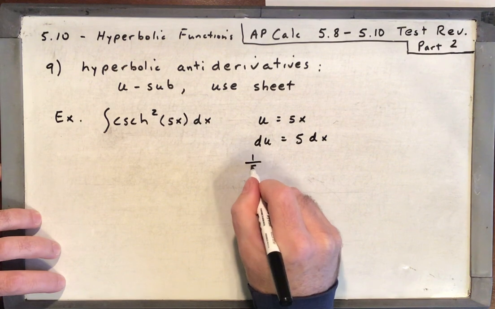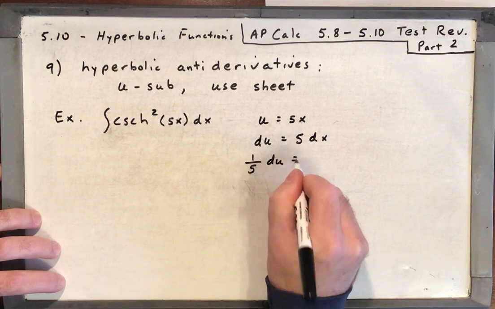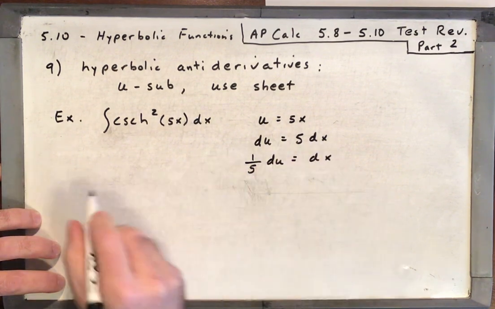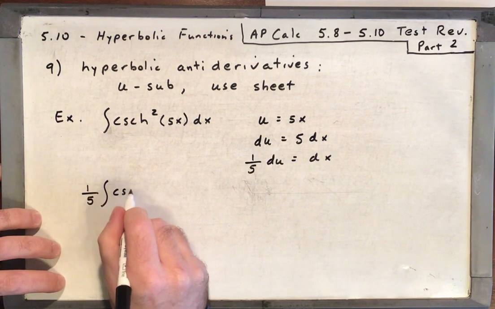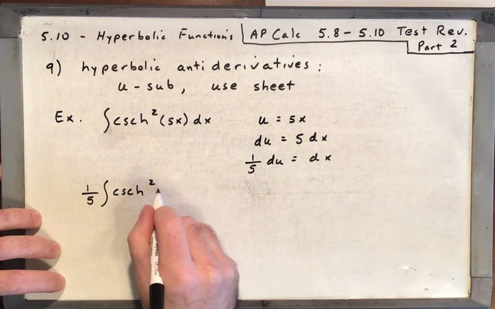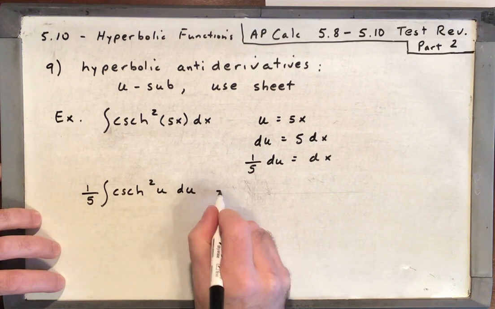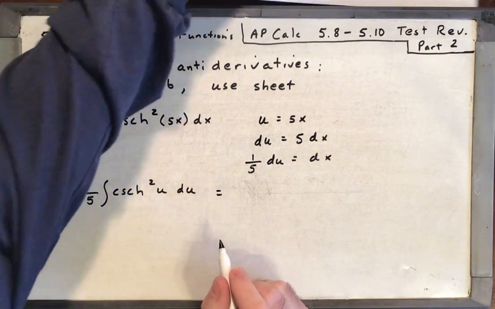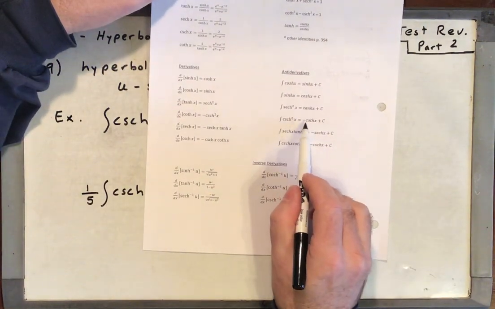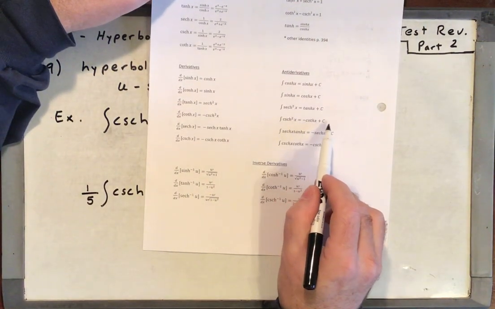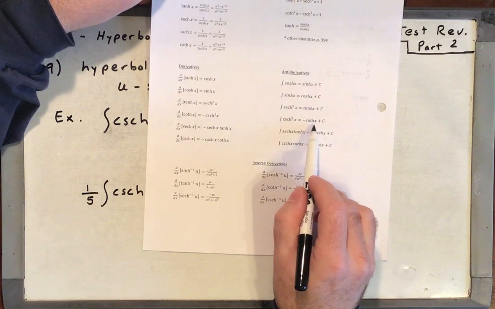So a fifth of du would be dx. So we can rewrite this in terms of u, 1/5 out front, hyperbolic cosecant squared u du. What's the antiderivative of that? I don't know. Let me check. Boom. Minus coth x, hyperbolic cotangent, plus c.